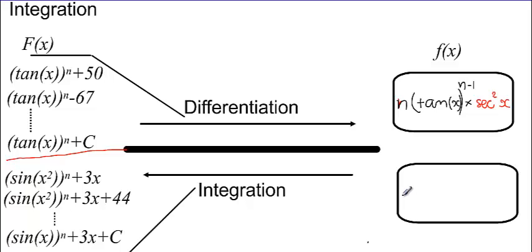Is anyone else want to give me the answer? Yes?